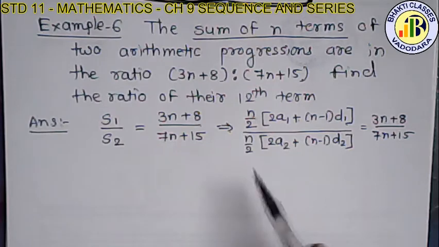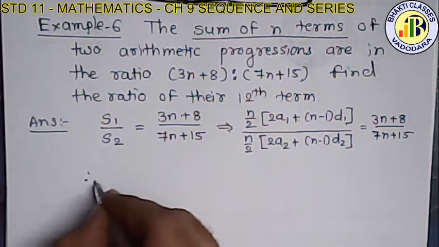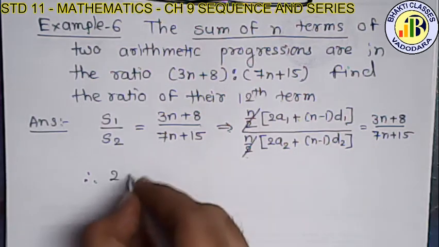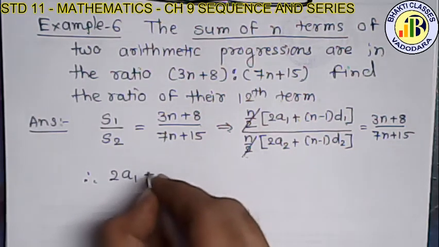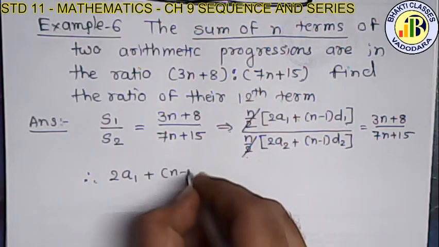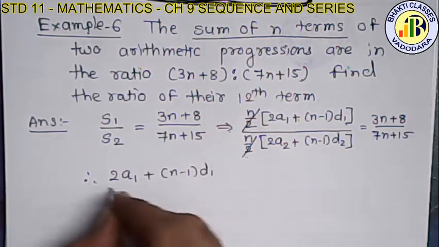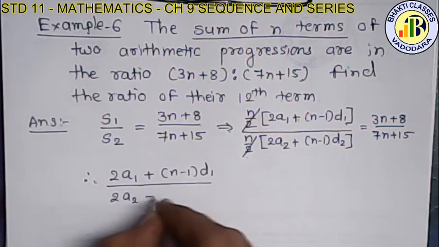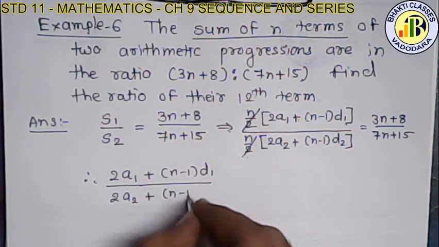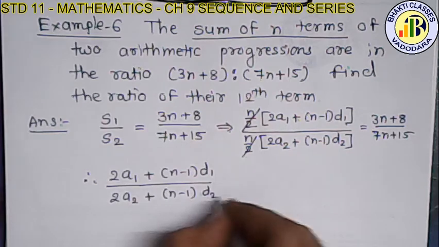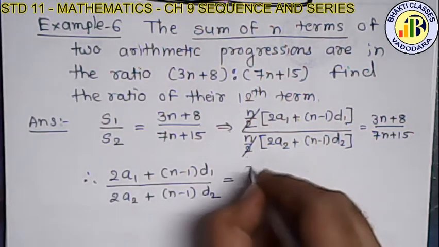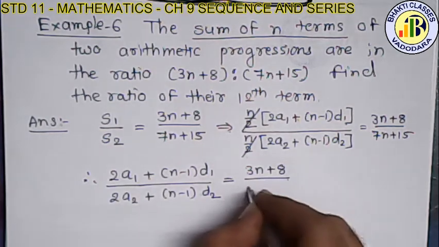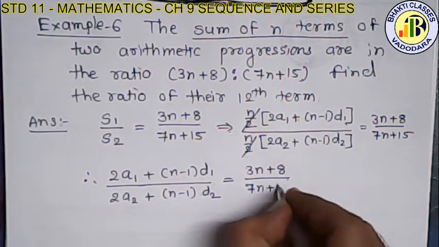So we would have this n by 2 cancel. So we would have 2a1 plus (n minus 1) into d1 upon 2a2 plus (n minus 1) into d2 is equal to (3n plus 8) upon (7n plus 15).